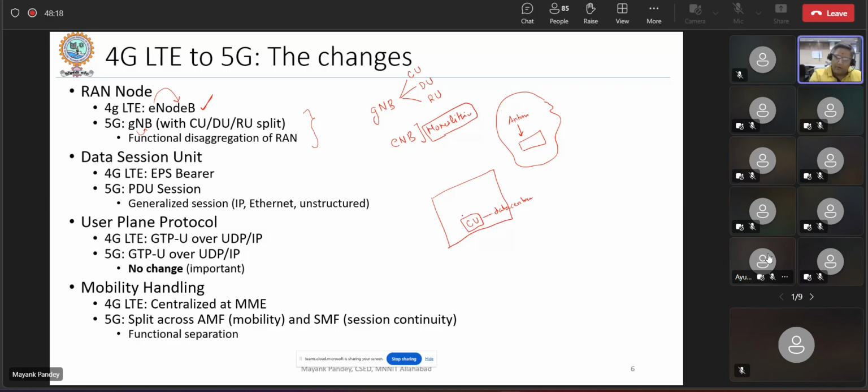Now, the different G node Bs, or towers installed at different places in the city, are going to have two things: the distributed unit everywhere, and then your tower or antenna, the radio unit. All these distributed units are connected by high-speed link to our control unit. So your radio control is again getting centralized as a cloud native function.